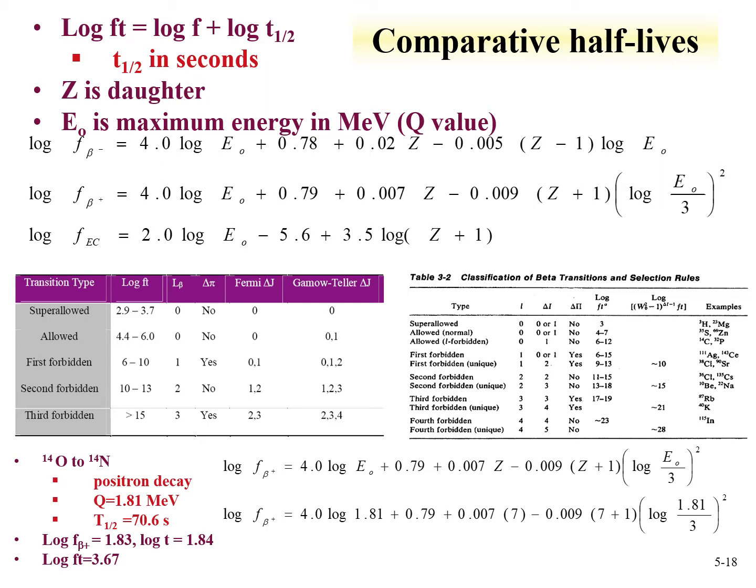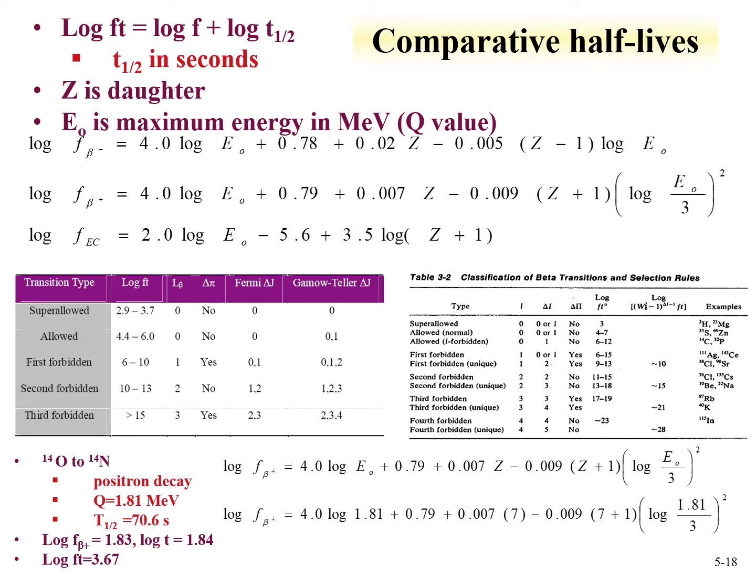So if I take my positron equation here, and now I plug in my values for the decay of oxygen 14, so the Z is now the Z of nitrogen, it's the daughter. The Q value is for the E. I come up with a value of log F beta plus of 1.83. T is 70.6 seconds. Log of that is 1.84.